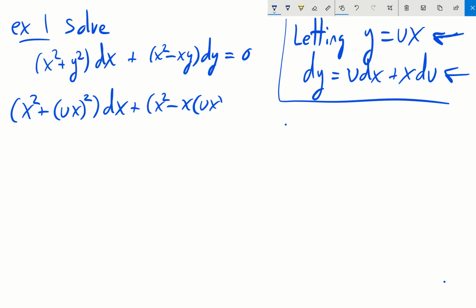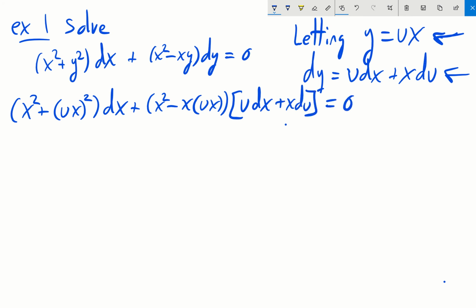Now I need to make some room. We need our dy coming in. dy is going to be u dx plus x du, and this whole thing should be equal to 0. Let's clean this up.